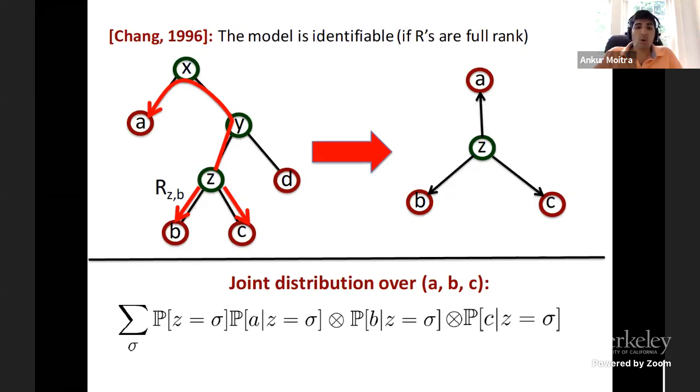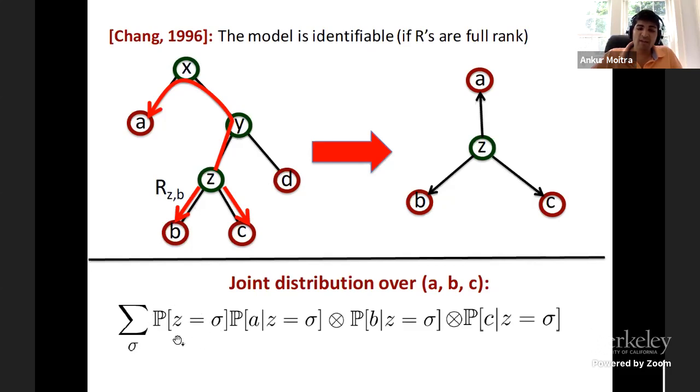But here's the really important fact, and this is the key to how you use tensor decompositions in learning problems: the joint distribution on A, B, and C is very complicated, but A, B, and C are conditionally independent if you condition on this latent variable Z. So what I can do is sum over all of the symbols in this alphabet. I sum over all choices of little sigma.